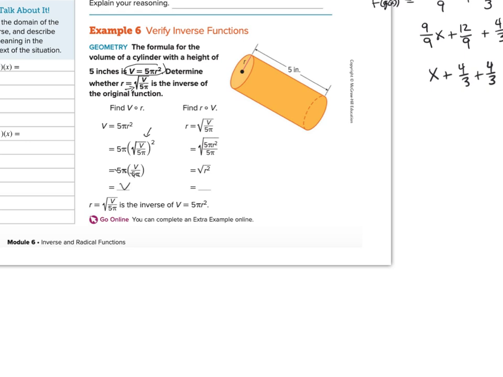We end up with just V. And then if we do it the other way around, we end up with just r. So it looks like r is going to be the inverse. So r, the square root of V over 5 pi, is the inverse of V equals 5 pi r squared. So that's what we're looking for, that kind of identity.